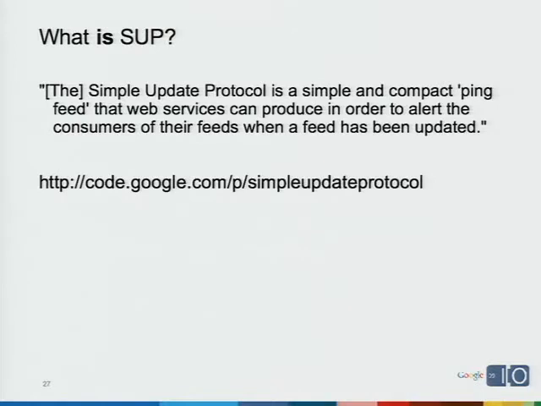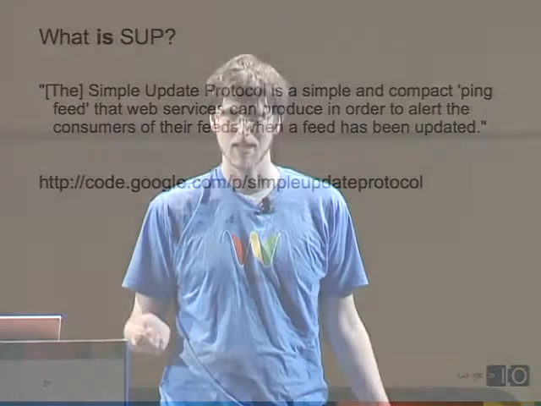This is a project on Google Code Hosting, and it's actually done by the FriendFeed guys who used to be Googlers. Also, I should mention that FriendFeed was able to integrate this new thing that we just launched yesterday. So they're pretty fast too, or it's just that easy.